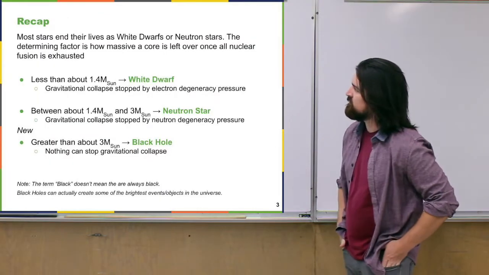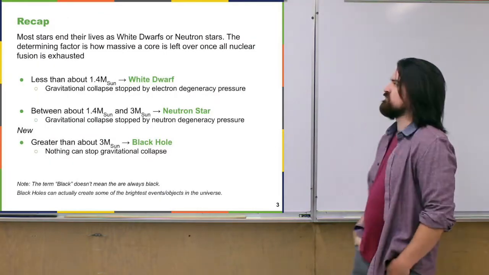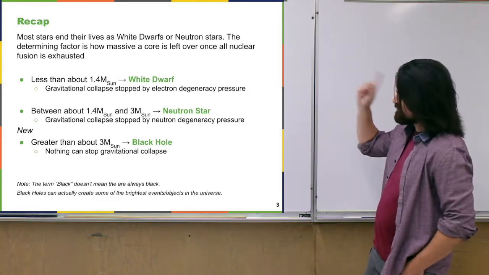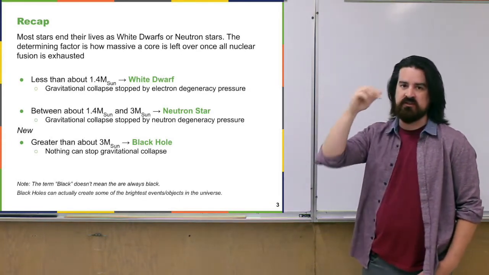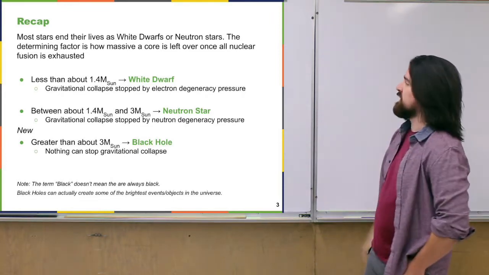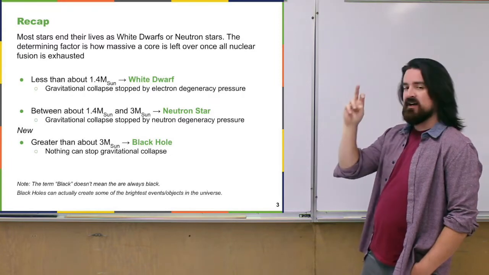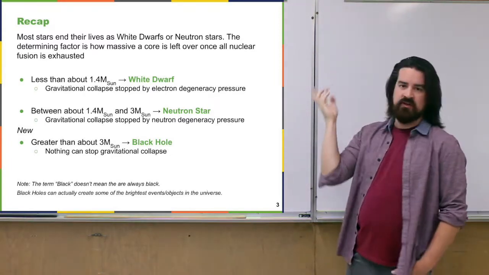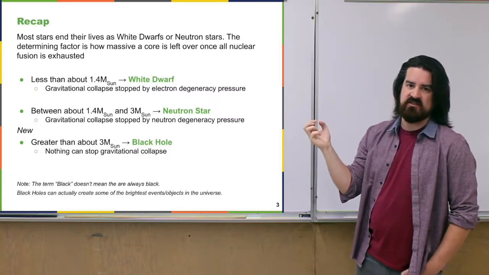So a quick recap. Most of the stars end up as white dwarfs or neutron stars. In fact, the majority of them will end up as white dwarfs, right? Because most stars are low mass stars. We also looked at high mass stars, which were stars that during their lifetime were greater than about 8 times the mass of our sun.